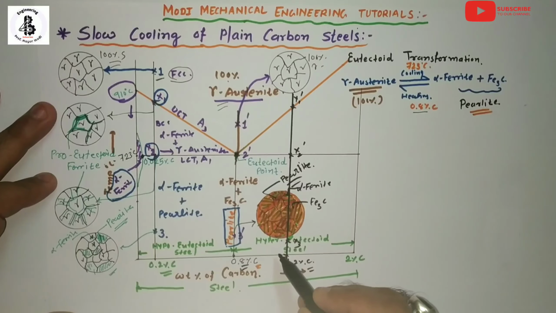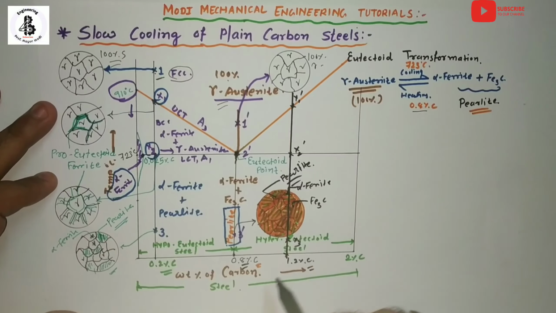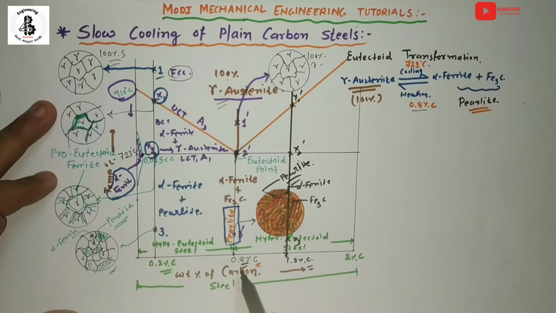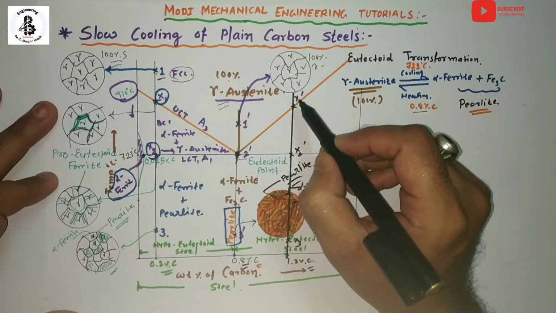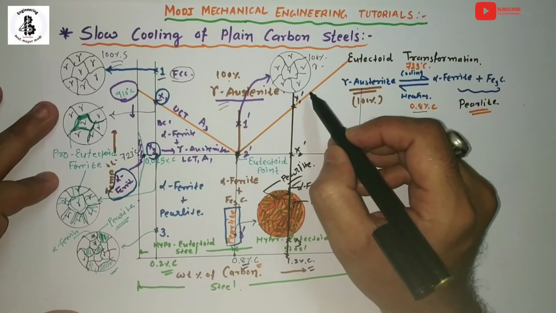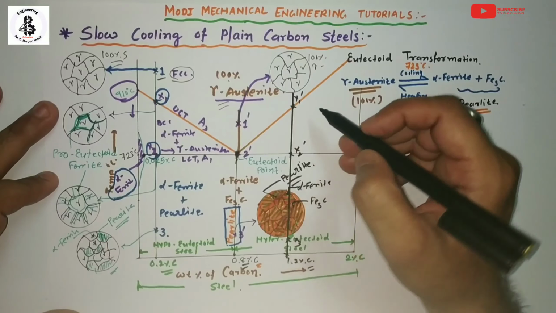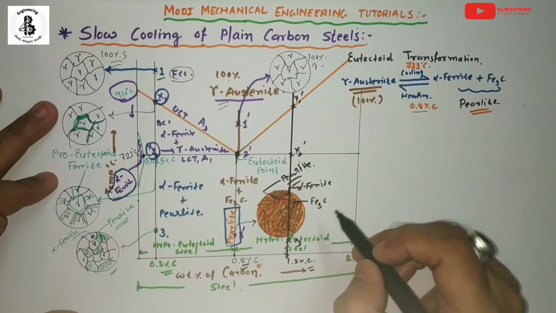For hyper-eutectoid steel, the carbon content is more than 0.8%. So there will be an enrichment of carbon in the iron. At this transformation line, once it touches the x1 line, the gamma austenite will now be transforming into cementite.